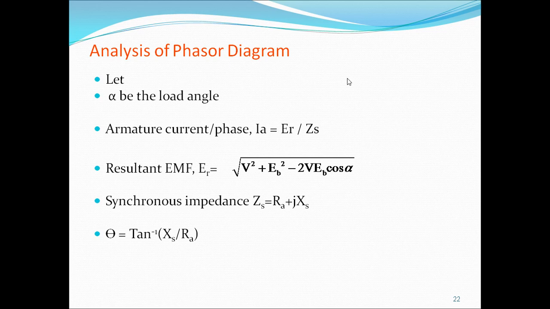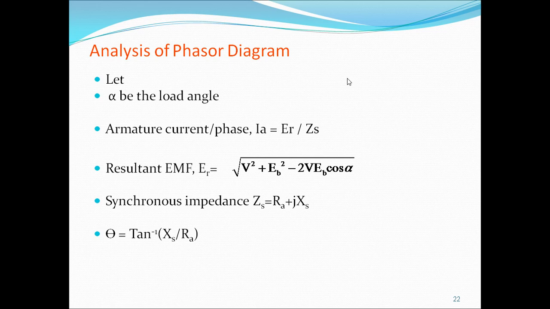is equal to square root of V square plus EB square minus 2VEB cos alpha. This comes from the vector diagram. If you add V and EB vectorially, that gives the resultant vector ER. Whereas synchronous impedance is the combination of armature resistance and synchronous reactance.